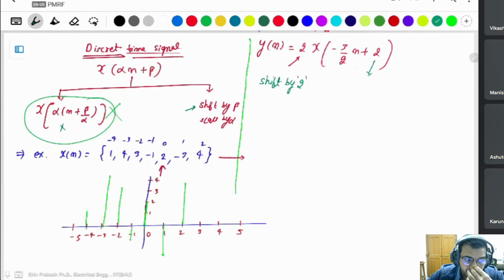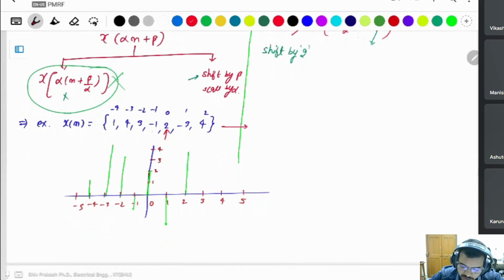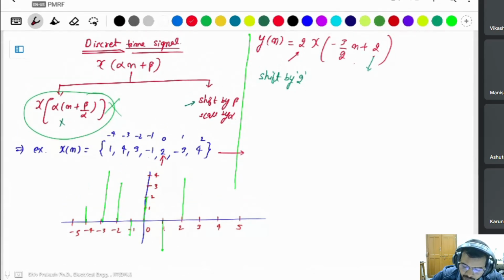then what happened? Where is the arrow signal? Anyone can guess? This is 0. You can see here, if you shift the signal by 2, this is the positive.